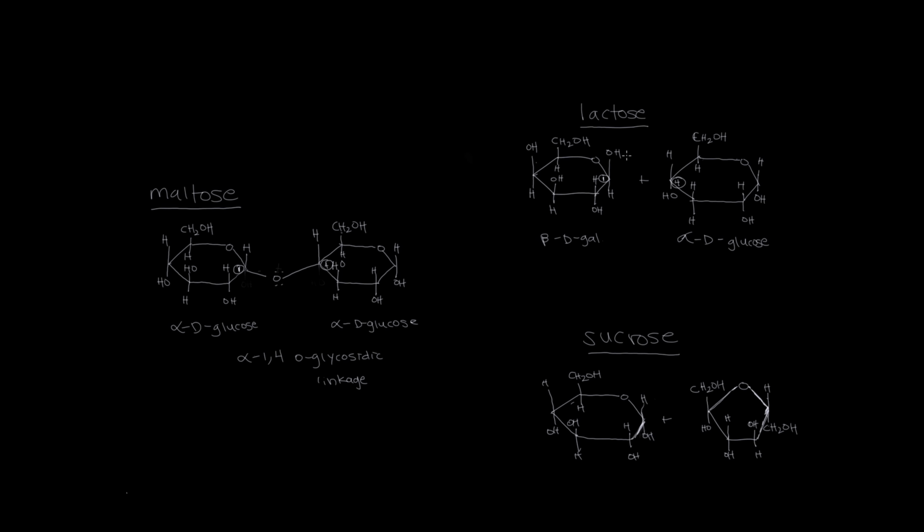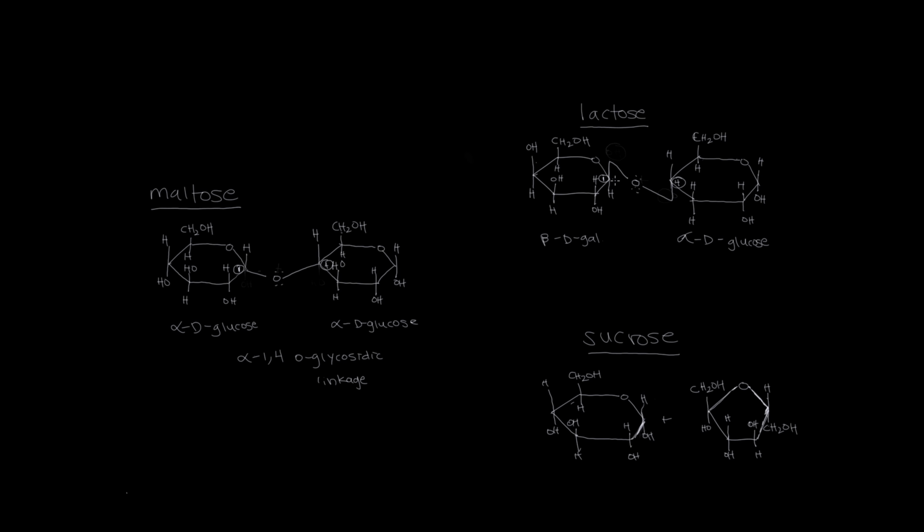So what this means is that this is going to be the beta configuration of galactose, and we're going to have the bond take place between this hydrogen and this hydroxyl group. Remember we have that oxygen left over, but what it's going to look like is something like this, where we have this bond going up, and then we have the oxygen, and then it connects back down. And remember, we have 2 lone pairs on the oxygen.